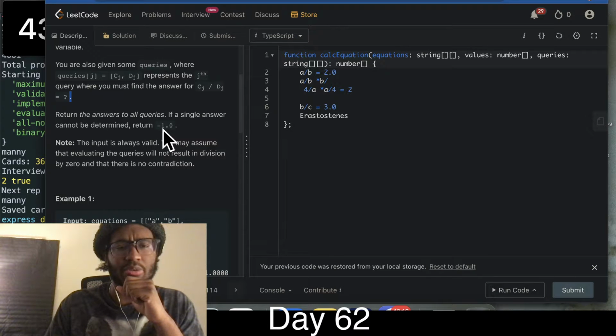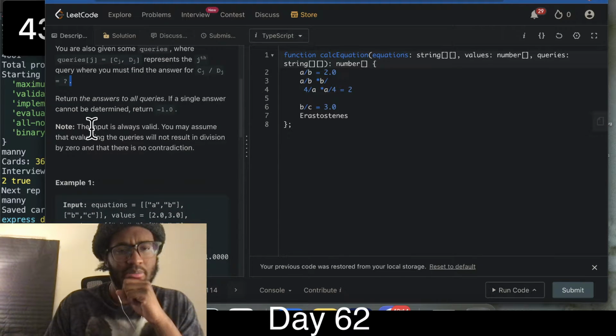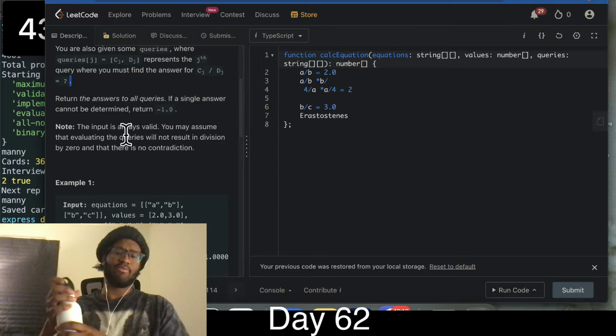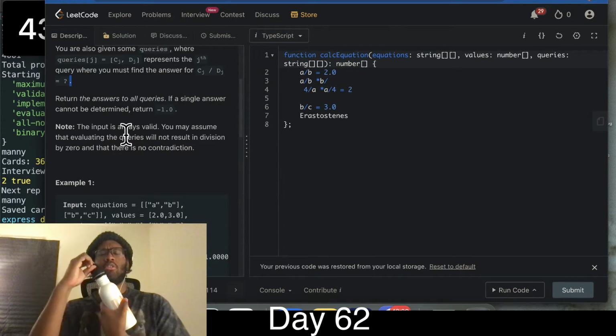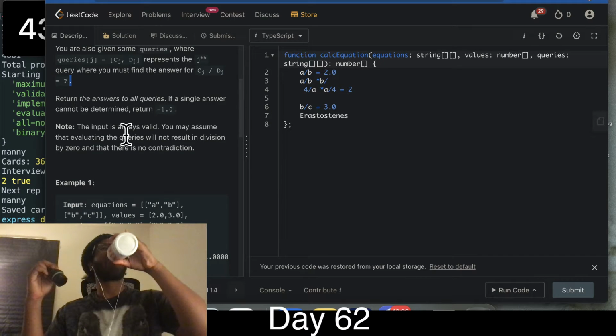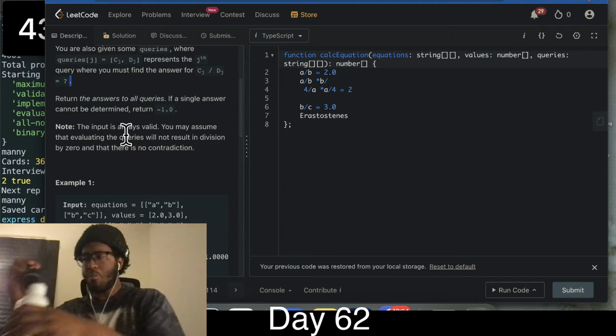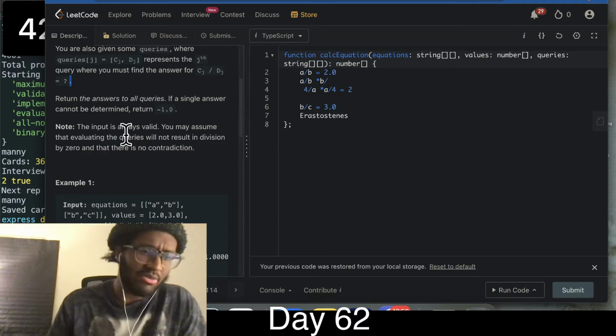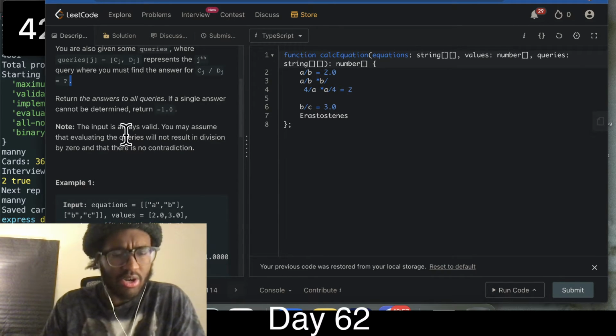If the answer cannot be determined, return -1. Input is always valid. You may assume that evaluating the queries will not result in division by 0, and that there is no contradiction.